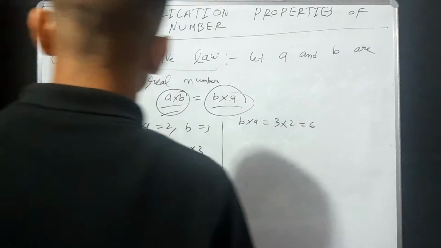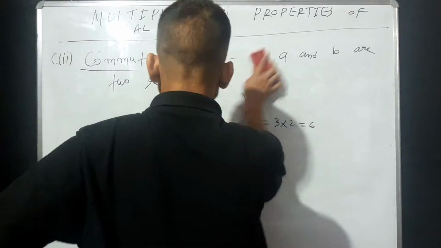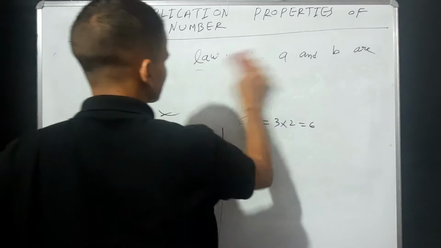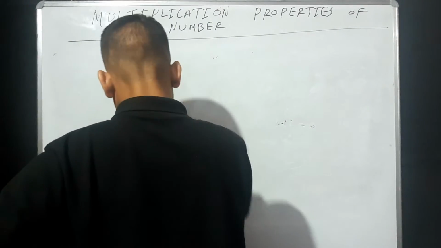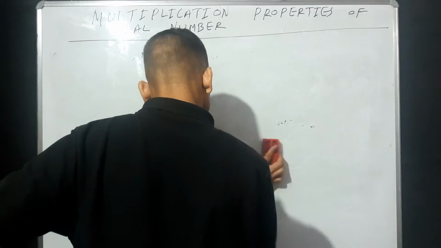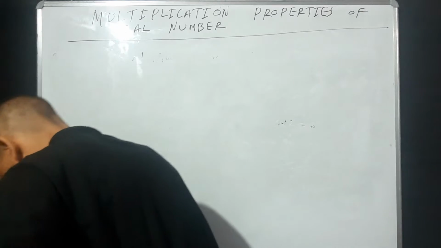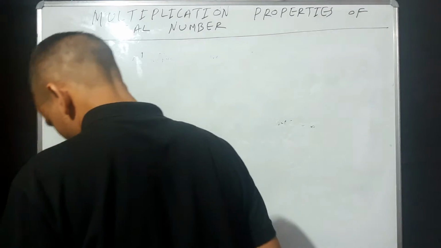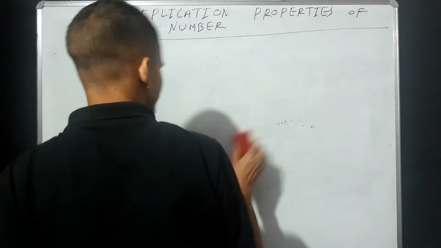Now we discuss the fourth property. What is the fourth property? Existence of multiplicative identity.